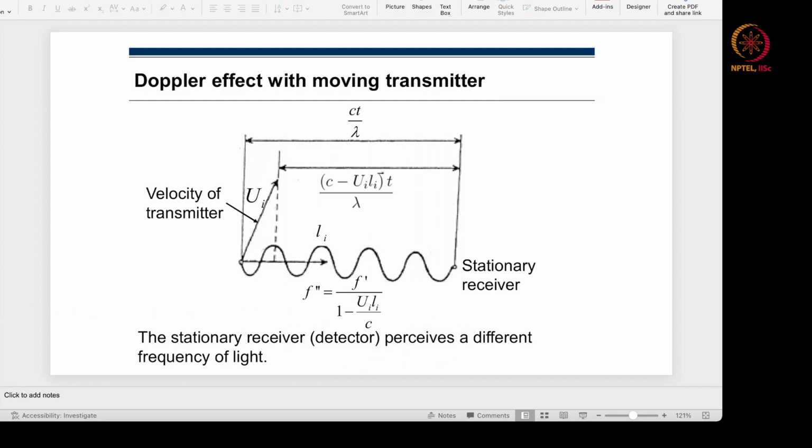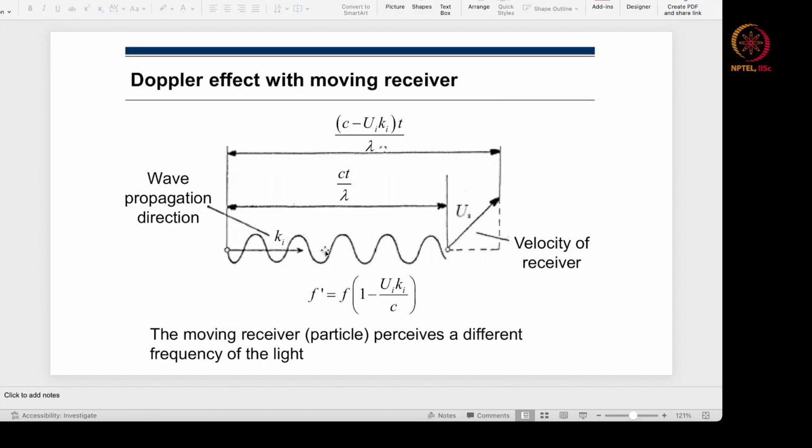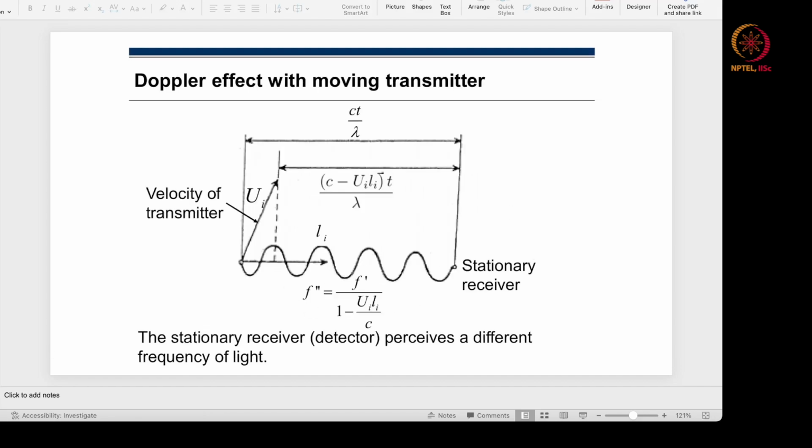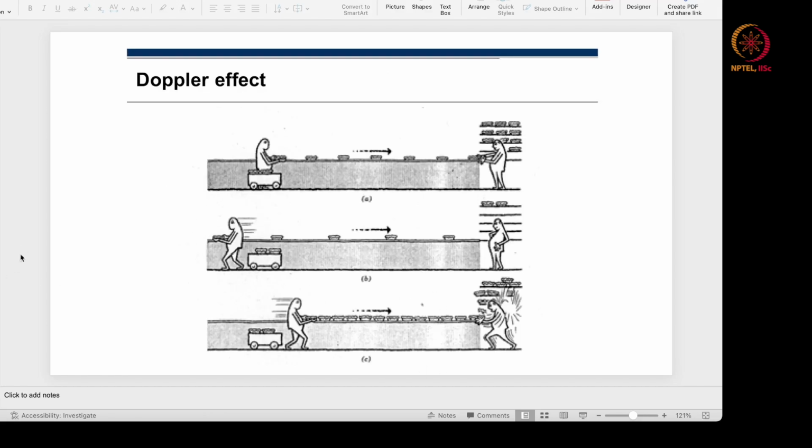If you have a receiver who is moving, you will see a different frequency. If you have a transmitter which is moving, you will also get a different frequency, similar to this picture over here.